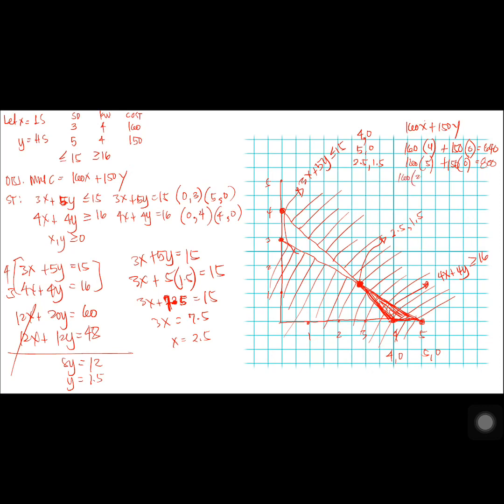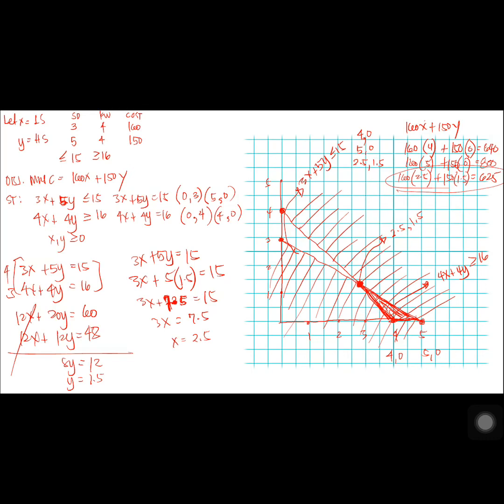Then what about the last one? 160 times 2.5 plus 150 times 1.5 is 625. So that's the minimum cost.